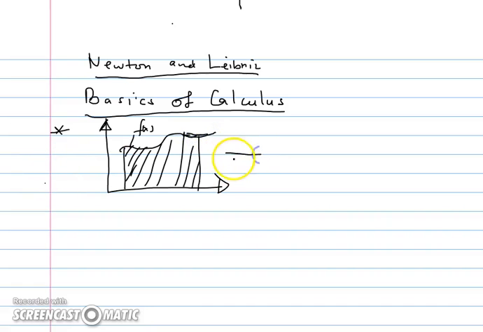But these guys discovered that if you have an irregular curve described that way, the area under the curve is actually the summation of very small rectangular shapes.